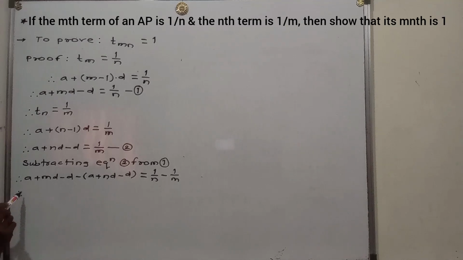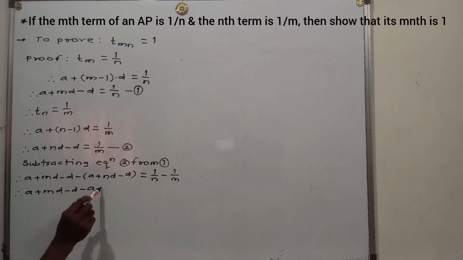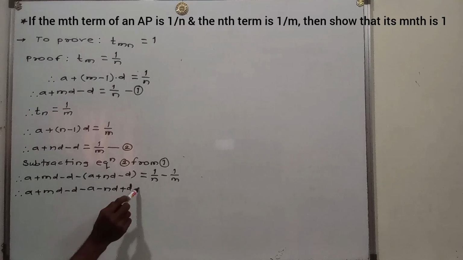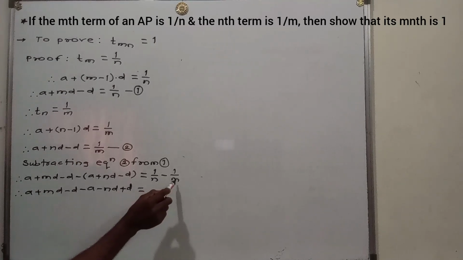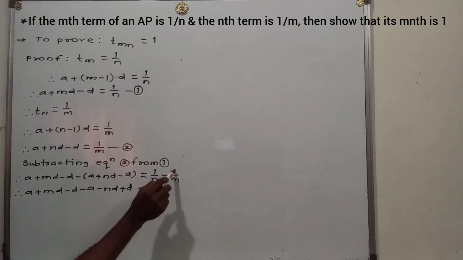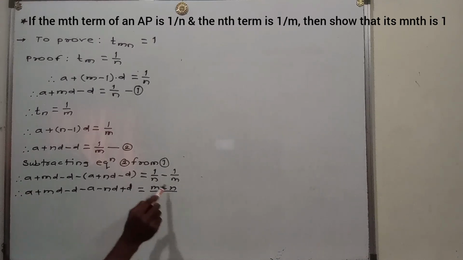Now here, a plus md minus d, minus sign, so the internal signs change: plus becomes minus, and minus becomes plus. Did you get it? Now here cross multiplication: m into 1 means m, minus n into 1, n, upon m into n, mn.